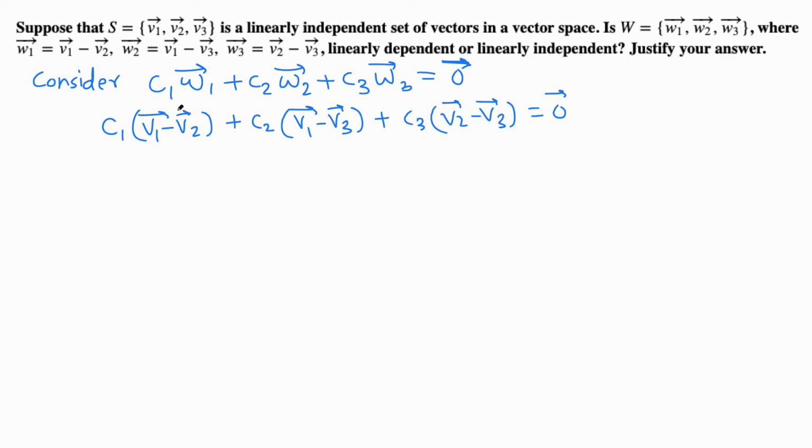So we need to simplify, just distribute. It's given that v1, v2 and v3 are linearly independent, so we will use that fact later.